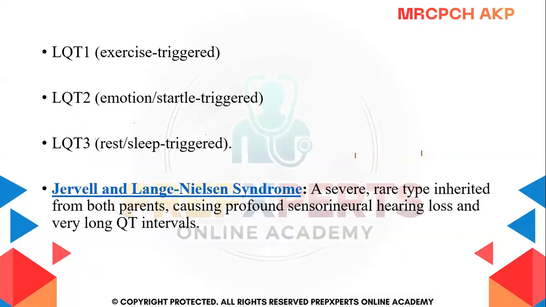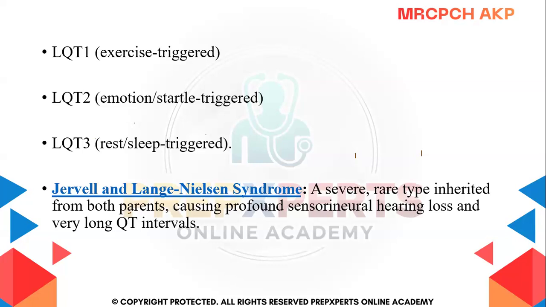Okay. So there are different types of long QT syndrome. Long QT1 is basically exercise triggered. Long QT2 is emotionally triggered. And long QT3 is usually sleep triggered. Most of you have known the stories that a child was sleeping or the adult was sleeping and then he didn't wake up.